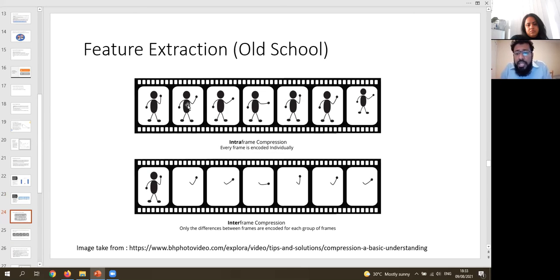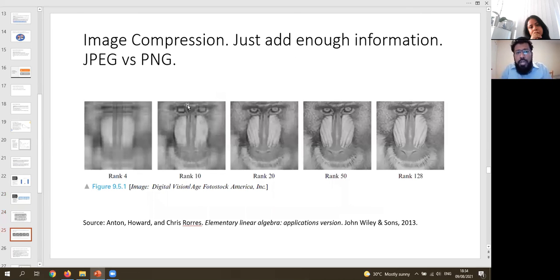A lot of the techniques which you see in data science are old school techniques, taking their foundation from video compression and electrical engineering. These have been around for many decades. Have a look at this image compression technique. You can see just rank 4, 10, 20. Think of it as some sort of amount of data.